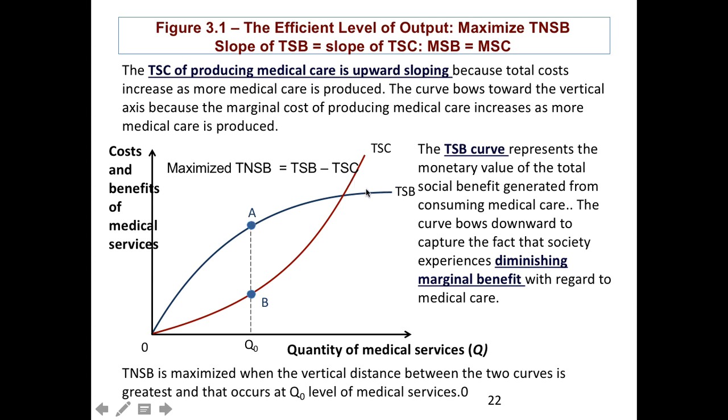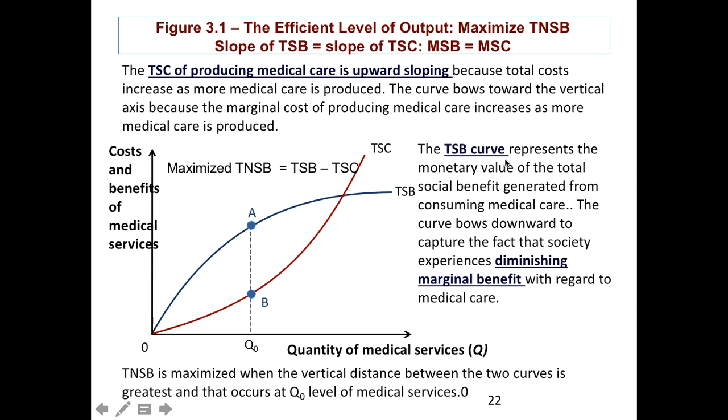And then the curve bows outward toward the vertical axis, because the marginal cost of producing medical care increases as more medical care is produced. So this is the slope of the total social cost, which is the marginal cost.